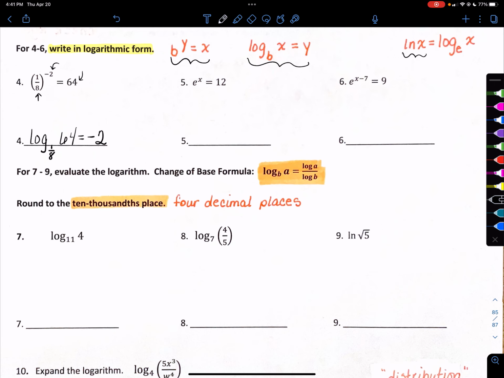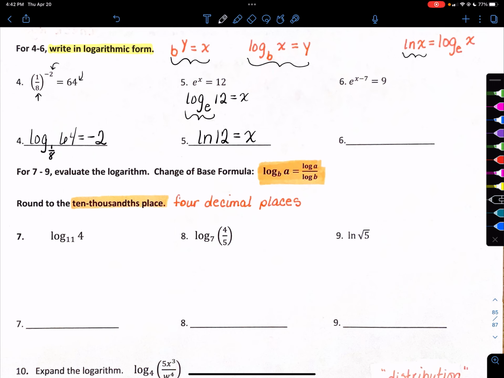E to the x equals 12. Well, if you thought about it in the sense where we have log base e of 12 equals x, log base e is our natural log, so we can just write ln of 12 equals x.